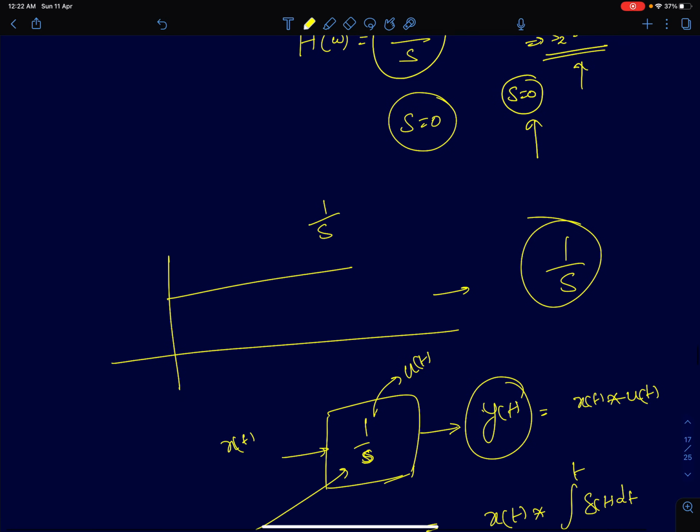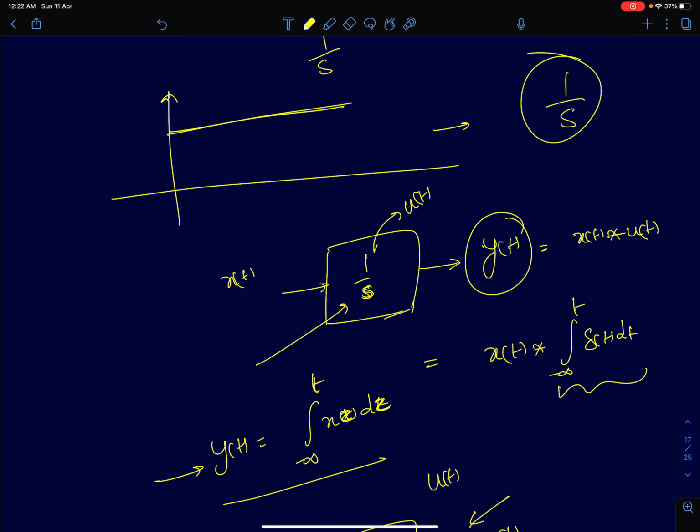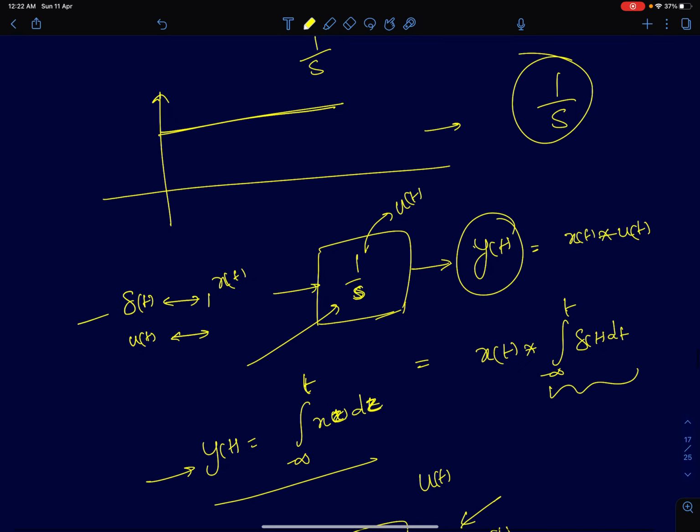For example, if I feed a step input to the system with transfer function 1/s, let me quickly discuss what 1/s is. If you take an impulse response delta of t, the Laplace transform of the impulse is 1. If you integrate the impulse once, you get 1/s as the Laplace transform of a step function.